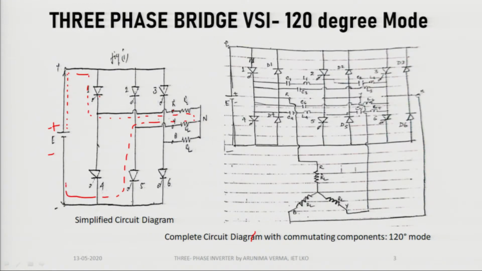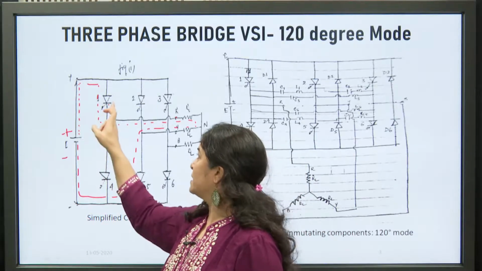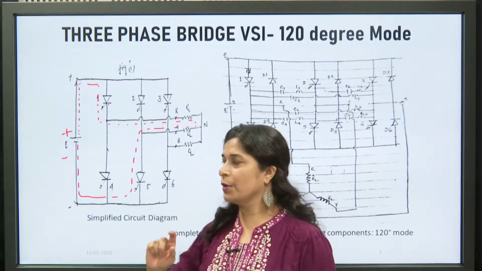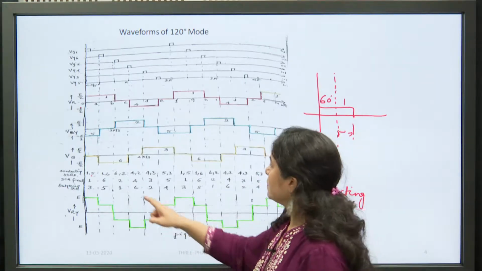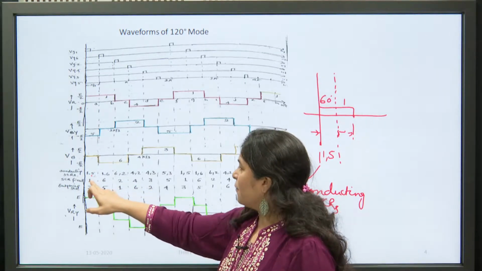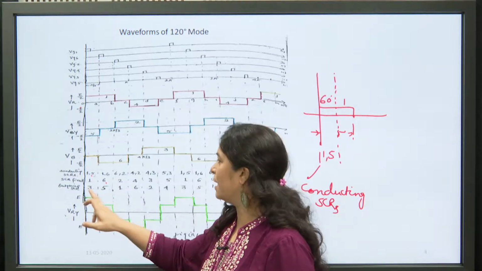Now, this is the path when SCRs 1 and 5 are conducting during period OA. Okay. Now, SCR fired is 1, so 1 will conduct for 60 degree and for another 60 degree it will conduct with some other SCR.